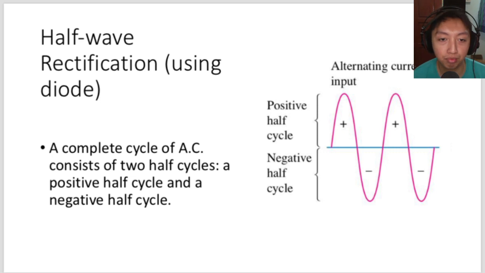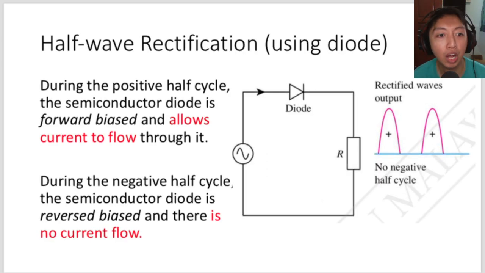So in half-wave rectification, what we do is we put in one diode, and during the positive half cycle, during one half of the cycle, the semiconductor is forward biased and allows current to flow through it. However, when the electricity tries to go the opposite direction, what does the diode do? The diode says stop.